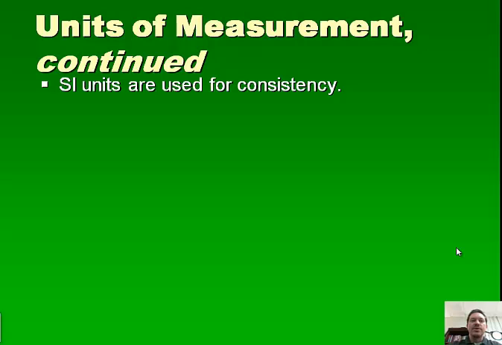The reason we use SI units is because they are more consistent than our standard units of measure here in the US, because we can say 1 millimeter and convert it to meters or centimeters or kilometers very easily, whereas it's not as neat a conversion between inches and feet to yards.